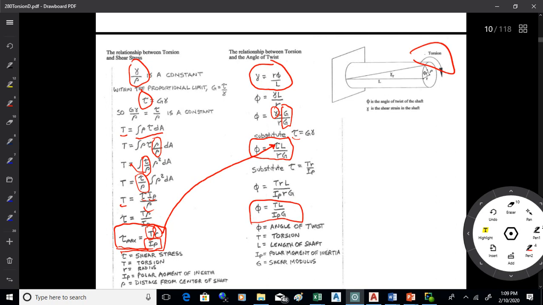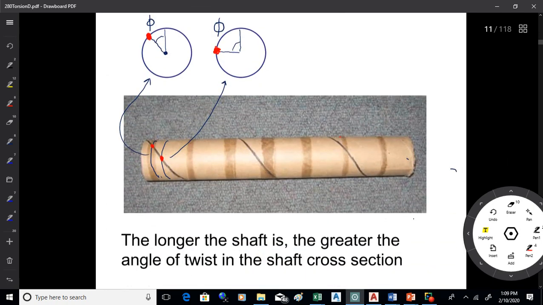Similarly, for the twist angle, you have these things that make intuitive sense. The bigger the torsion, the more the shaft will wrap up. The longer the shaft, the more extreme that twist angle will become. So here we have a shaft that's had a torsion applied, like that.